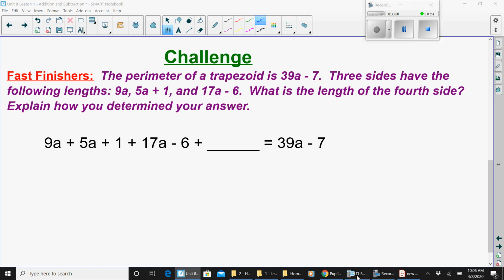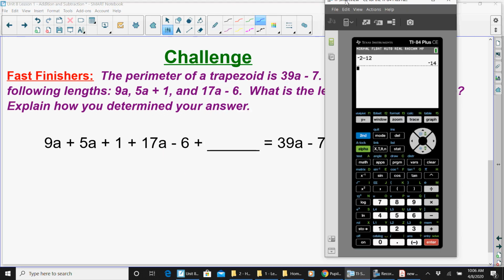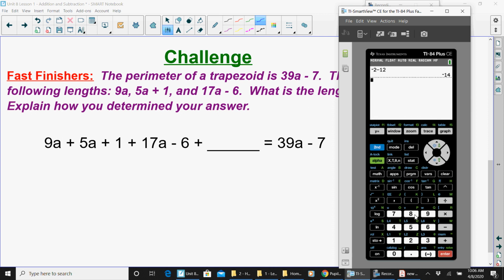So if I took my calculator and just put in 9 plus 5 plus 17, I would get 31. So that's 31a. And then I have 1 minus 6. I don't need a calculator for that. It's negative 5. So I need it to equal this, though.